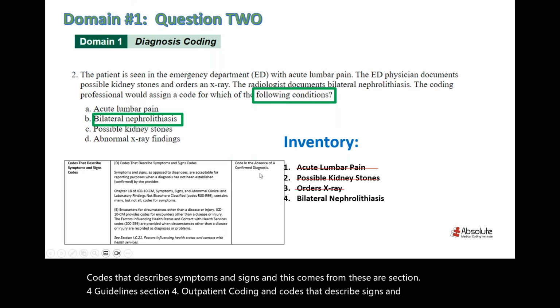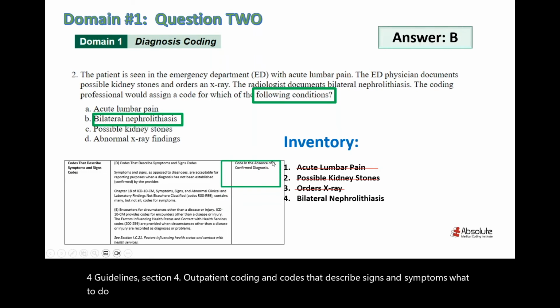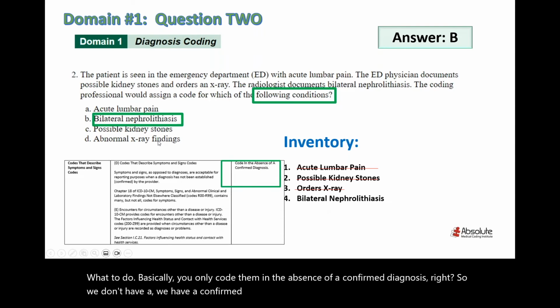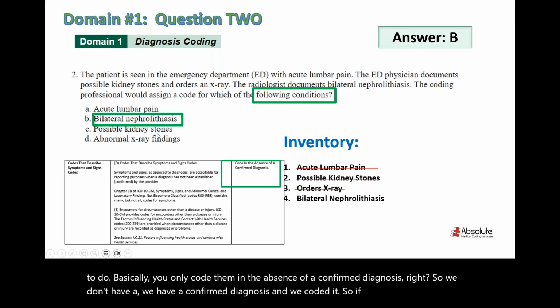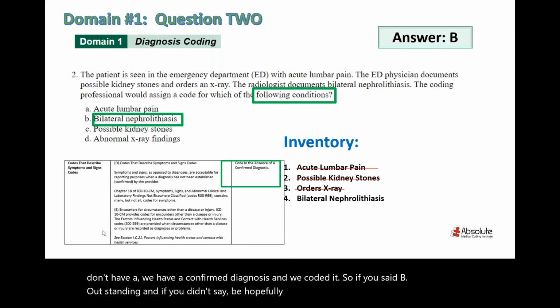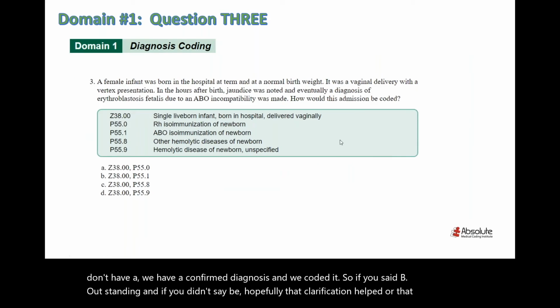Basically, you only code them in the absence of a confirmed diagnosis, right? We have a confirmed diagnosis and we coded it. So if you said B, outstanding. And if you didn't say B, hopefully that clarification or rationale helped. And if it did, let me know.